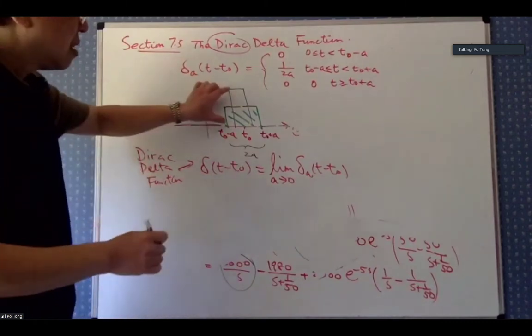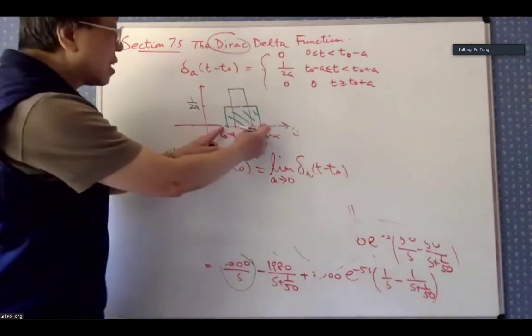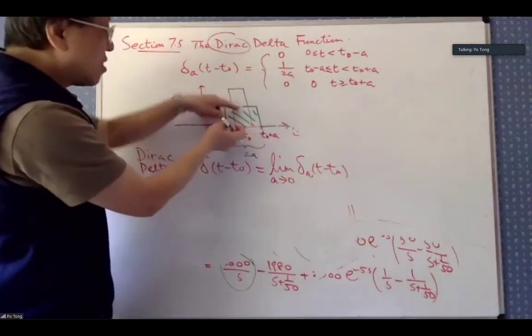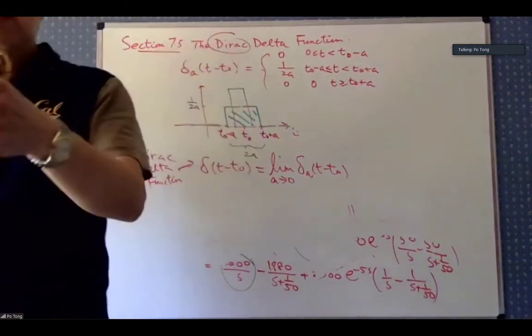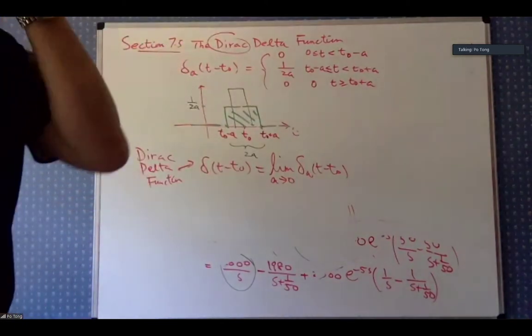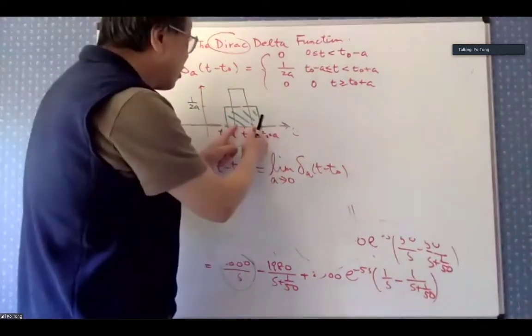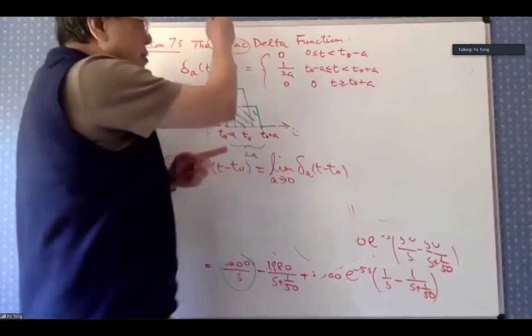Because you maintain the area equal to 1, but you have this a getting smaller and smaller. So the height will have to get bigger and bigger to maintain the area of 1. So conceptually or intuitively, as a goes to 0, the height goes to infinity.